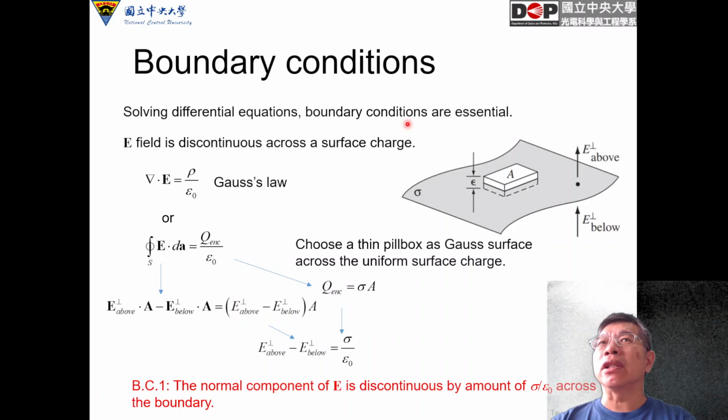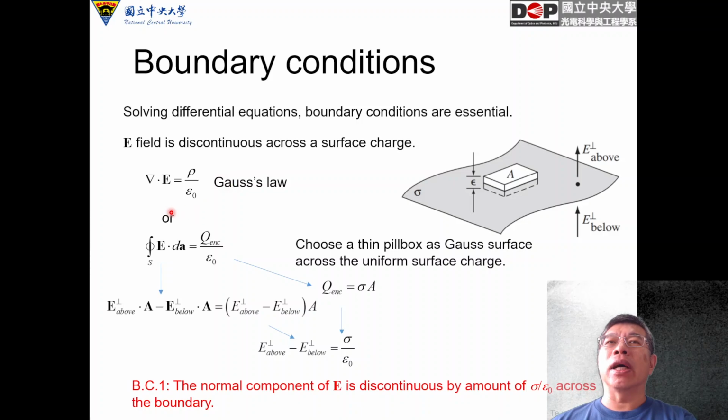One is the Neumann boundary condition, and one is the Dirichlet boundary condition. Each by itself tells you what to do. The boundary condition gives the physical value on the boundary, or the differentiation in space, what kind of value it will be. Okay, so the electric field is discontinuous across the surface charge. This is what we want to show you.